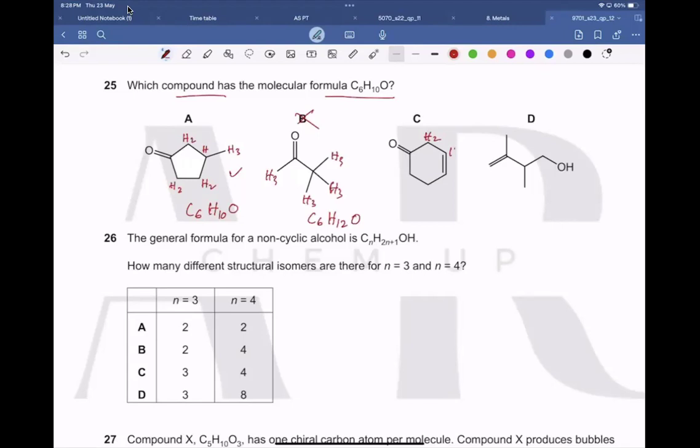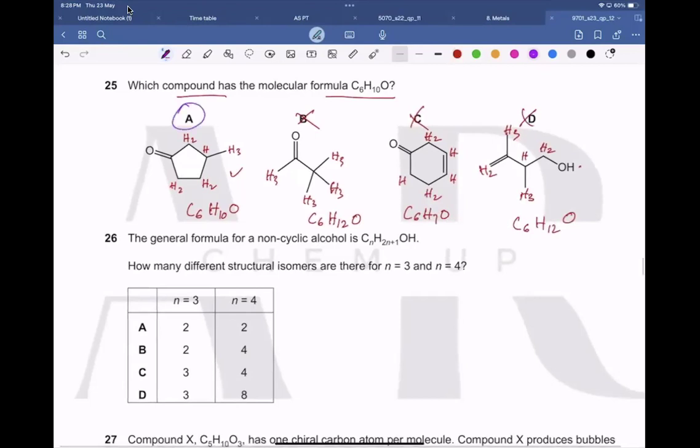If you count the hydrogens, 4, 5, 6, 7. 7 hydrogens and oxygen. So C goes wrong as well. Two hydrogens, three hydrogens, three hydrogens, one hydrogen and two hydrogens. So 3, 4, 5, 6, 7, 8, 9, 10, 11, 12. So it's again C6H12O. So D goes wrong as well. So A is the correct answer.